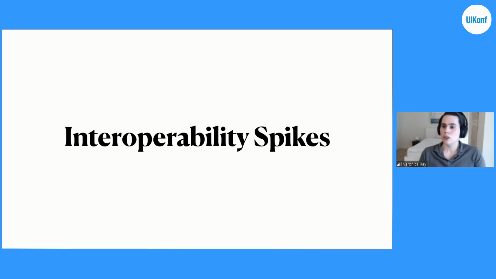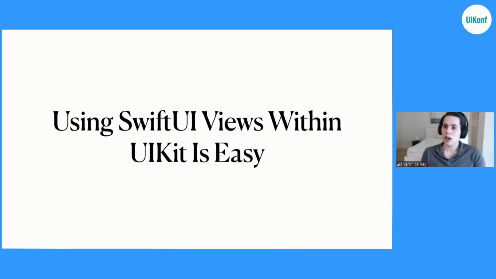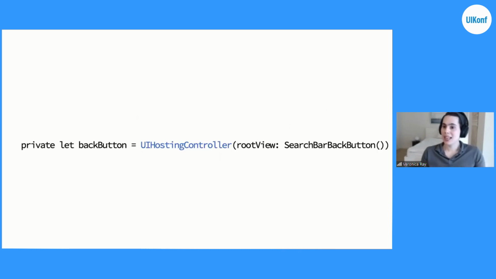But in order to do a real world example in the Compass app, I needed to experiment on my own and really dig deeper. So the first thing is that using SwiftUI Views within UIKit is easy. You might have seen this example of just initializing a UIHostingController with your SwiftUI view as the root view, and it's great.